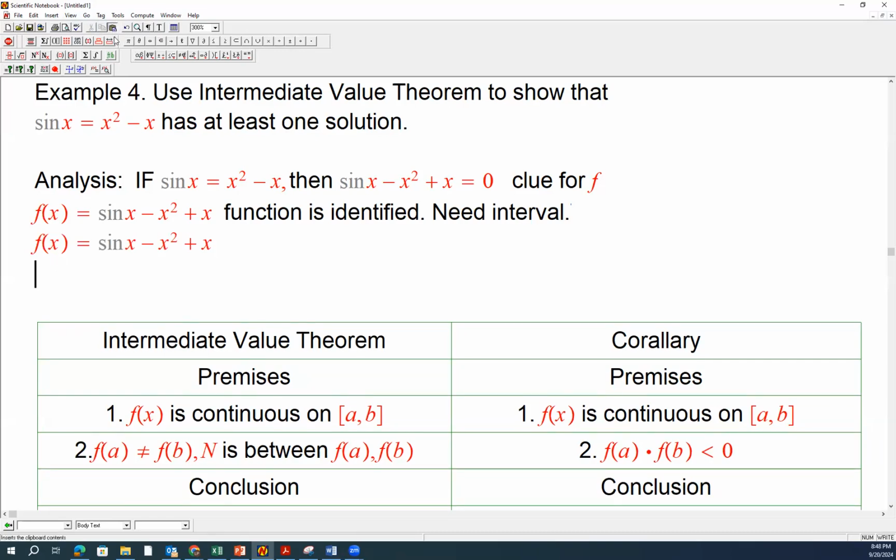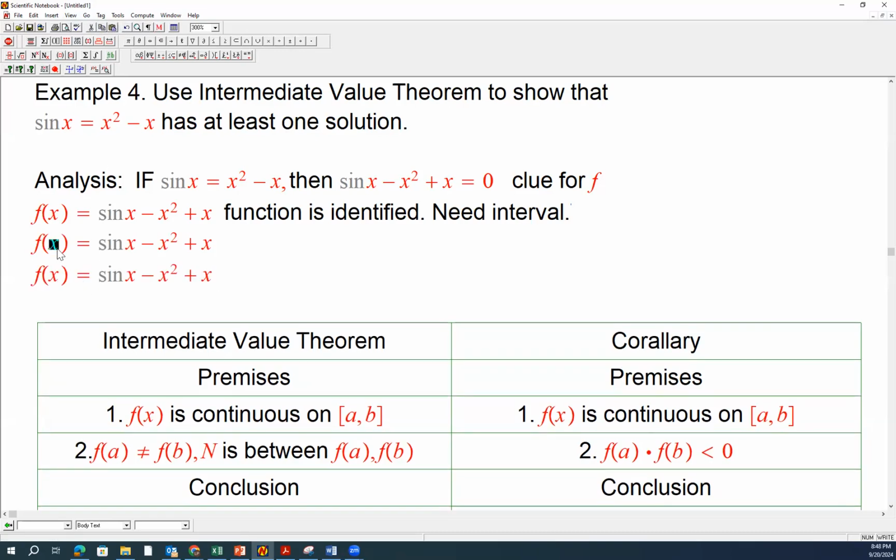Okay, so what interval am I going to identify? I like to start with 0. Uh-oh, I got 0. That's not going to work. Why is that not going to work?